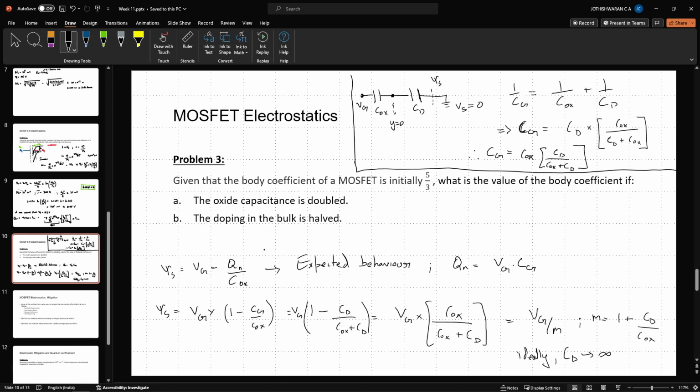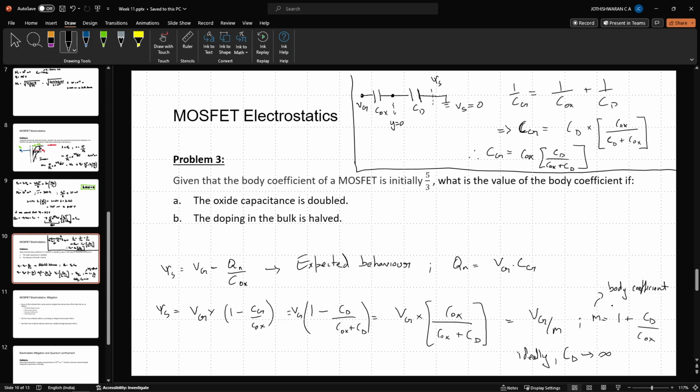Then I will have this kind of a situation, and that will reflect in our device behavior. And this quantity M is the body coefficient.